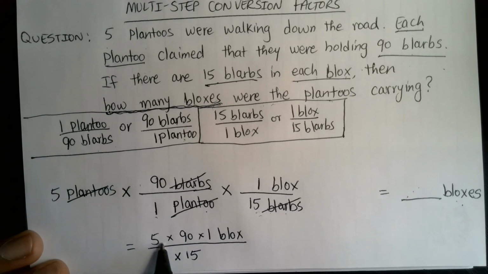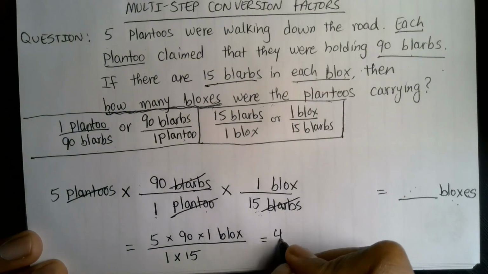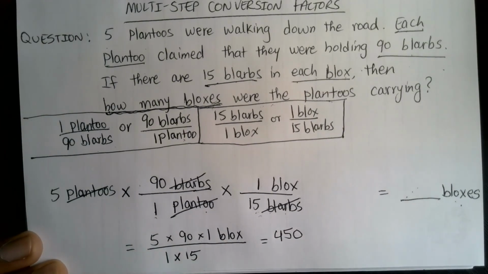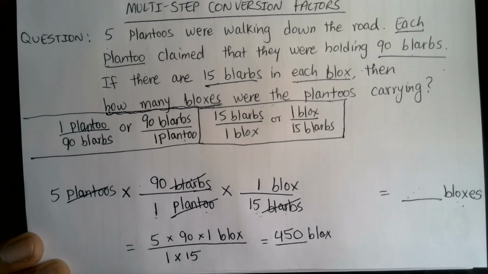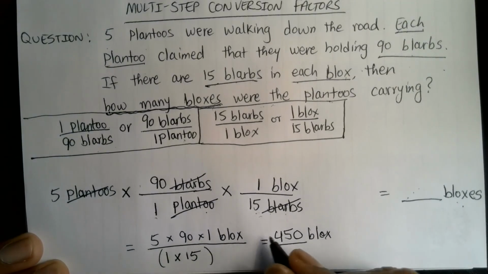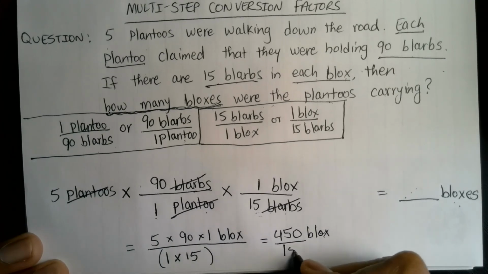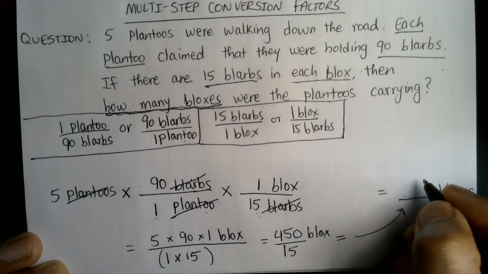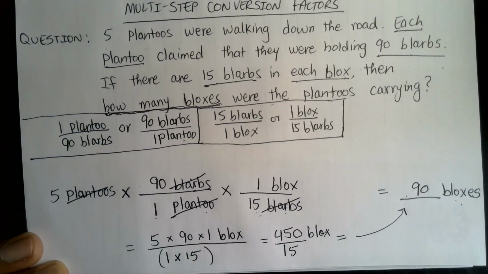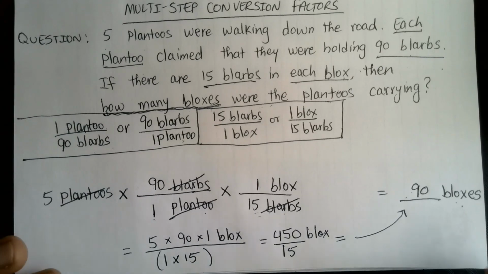When you multiply everything at the top, 450 blocks over 1 times 15. So you make sure you do all of that together, right? Multiply everything at the top, divide by everything at the bottom, write them together so that you can write your final answer, which is 450 divided by 15 is 30 blocks. That's your final answer. And you know you can be confident in that answer because it's in blocks.